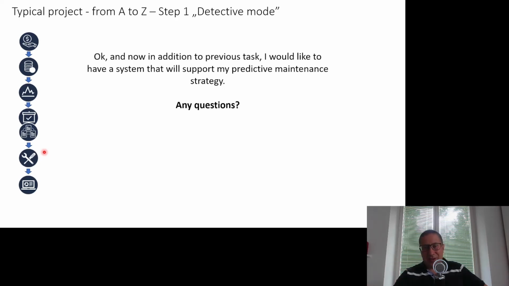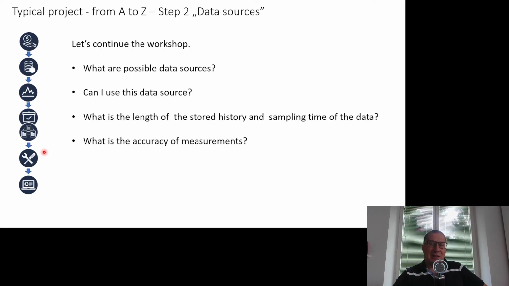But I will talk about the predictive maintenance projects in a separate video. So let us assume that this part of the workshop is also done. Now we have to ask the customer to export the data, or we can do it by ourselves if we have an access to the IT systems.